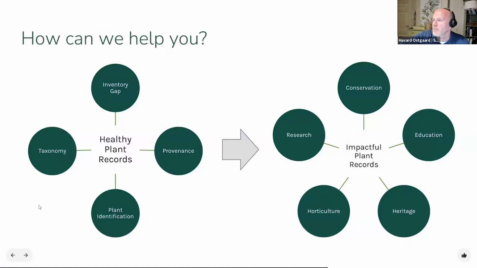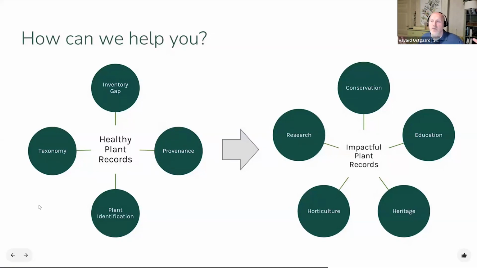The second pillar is what we call the inventory gap. Think of that as the difference between what you have in your records and what's actually happening in the zoo in terms of plants. There will be plants that are dead, that have moved, that don't exist anymore, but they're still on the list, or there are plants that have arrived that aren't on the list.